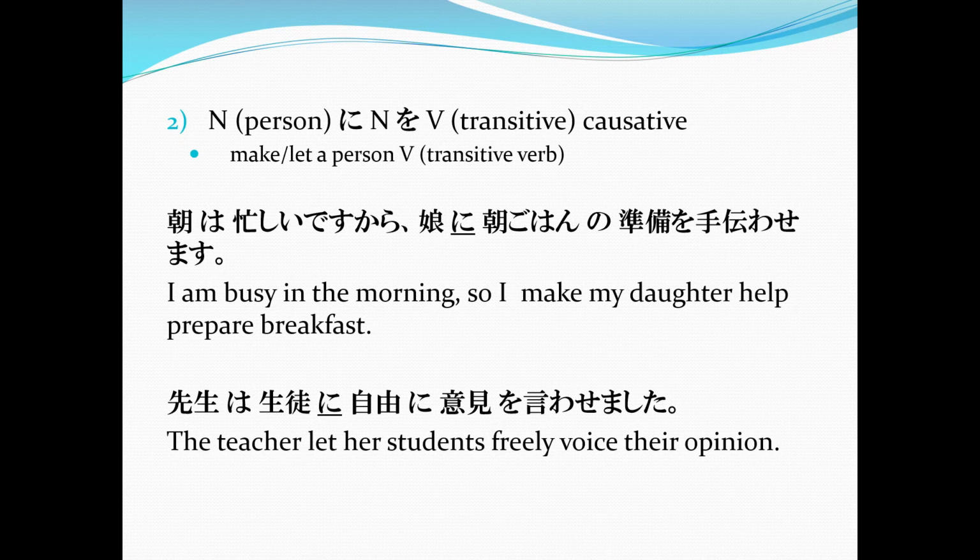Again, sensei wa seito ni jiyu ni iken o iwasemashita, or the teacher let or allowed her students freely voice their opinion. Okay, again, letting someone do the verb, in the transitive verb in its causative form. Wakarimashita, minasan?